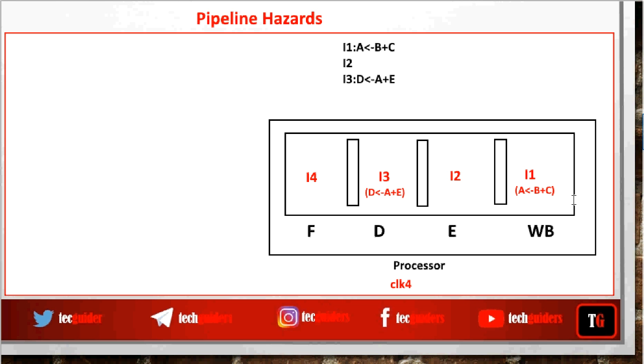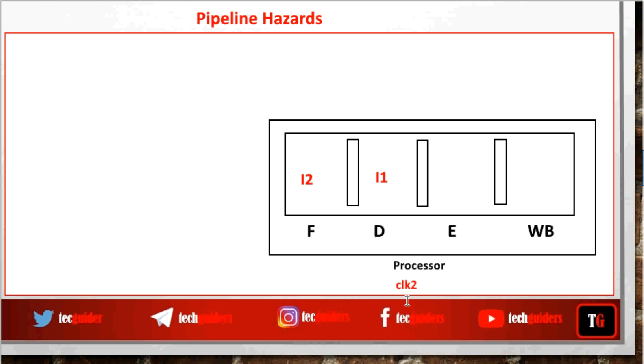Only after clock cycle 4 the updated data will be available to A, then only I3 can access it to get the correct data. Hence, if we allow both these instructions to execute parallelly, I3 will be reading wrong data. This problem arises due to the dependency on data, and the problem is called the data hazard. The conflict which arises due to the data dependency are called the data hazards.